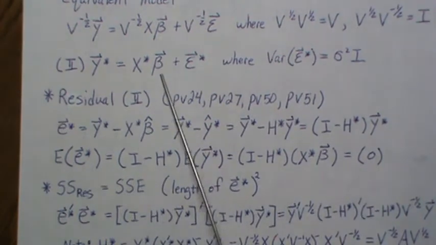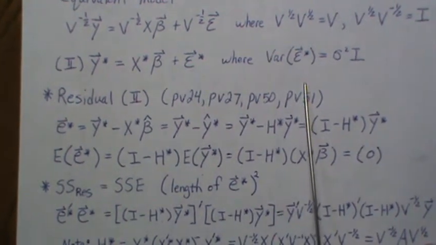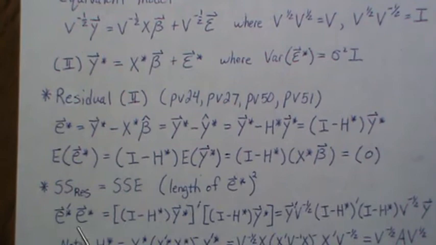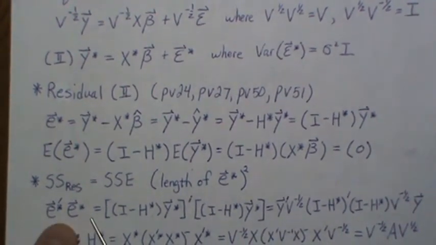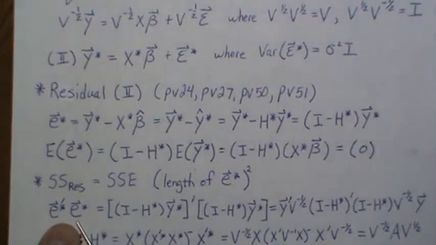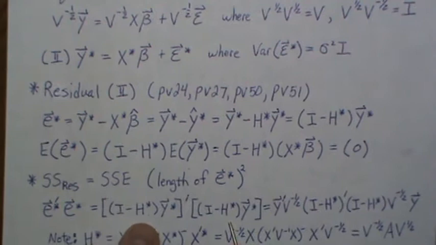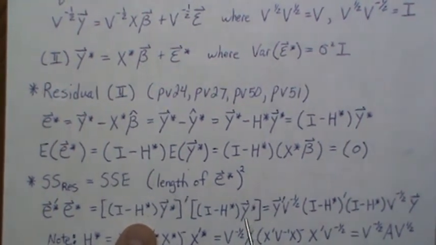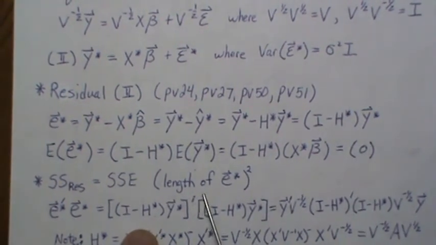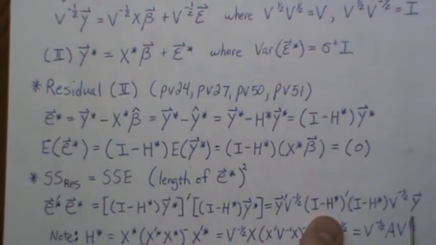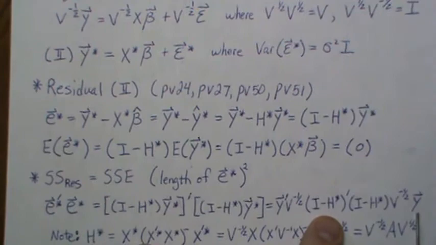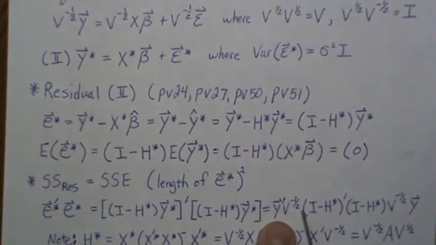In model 2, the inner product is the standard inner product, sometimes called the vector product. And so this is the squared length of the residual vector. Then we plug in what we know about the residual, and then we transpose that in, and we get this. But then y star is v to the minus 1/2 y, same way here.